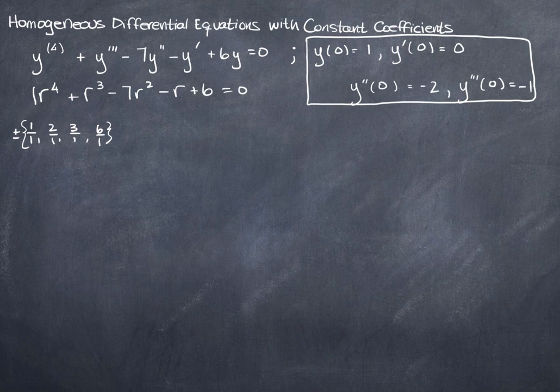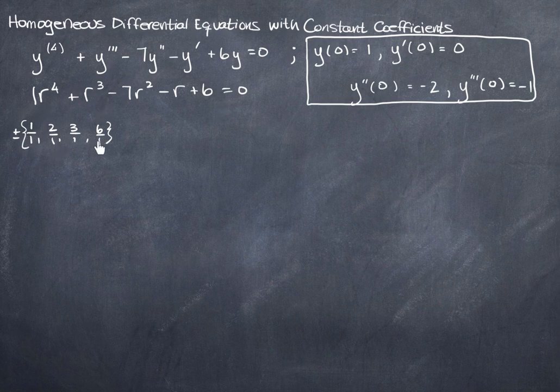Obviously, I'm not going to take the time to do that here, but it might be worth pointing out that since this is a fourth order differential equation, a fourth order characteristic equation, you don't get down to a quadratic until you've potentially found 2 roots of the characteristic equation.